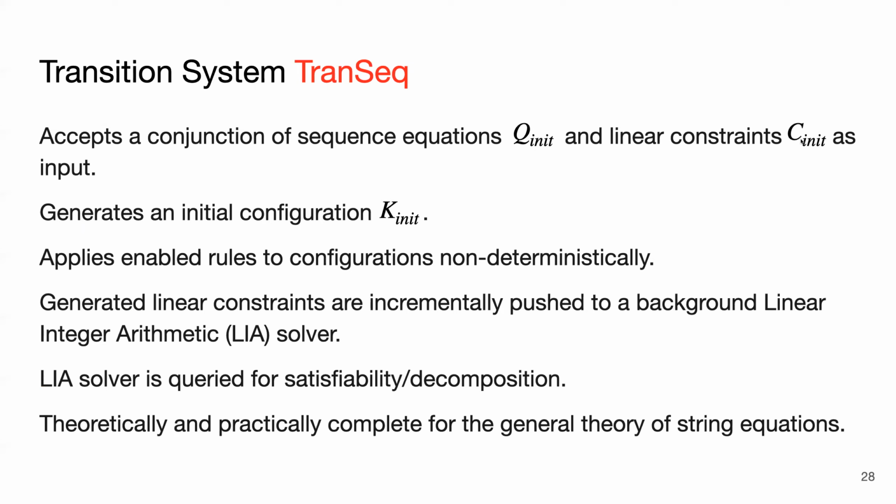The linear constraints can be constraints on the lengths of variables occurring in the string equation. Like you could say that for this equation, give me all solutions that have the length of X equal to 5. That is a linear constraint, which you can provide as input. Using this input, TranSeq generates an initial configuration K init.